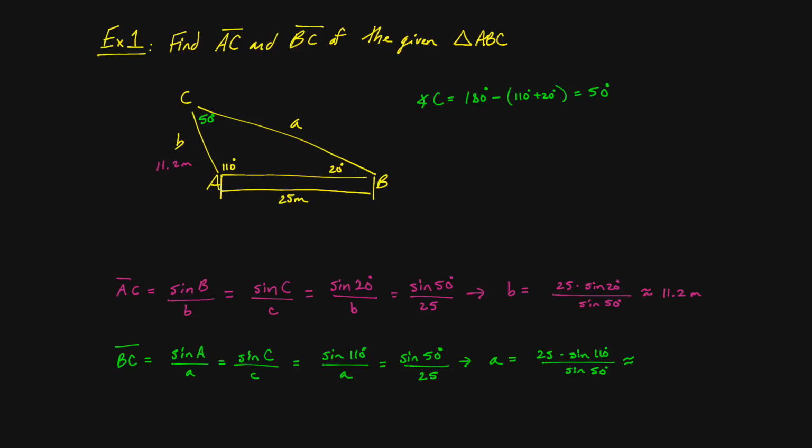We're going to get 25 times sine 110 divided by sine of 50, approximately 30.7 meters, and that's going to be this one here. I should have done it in blue, but oh well. 30.7 meters. And there you have it. So we found sides AC and BC.